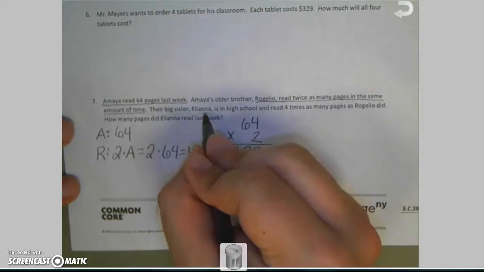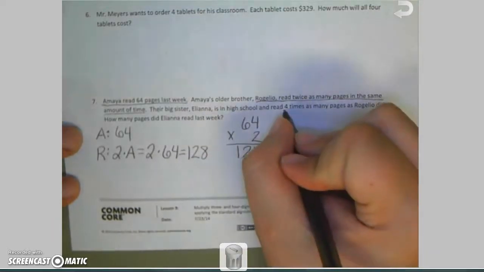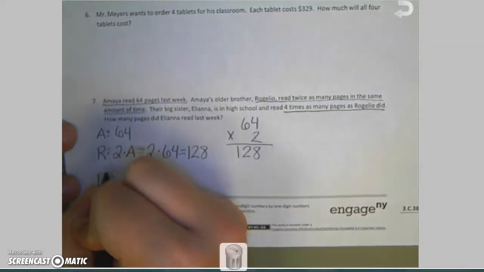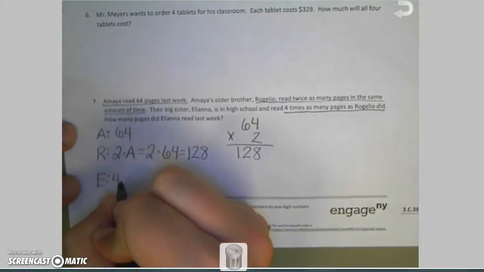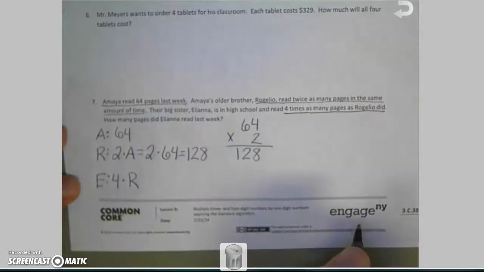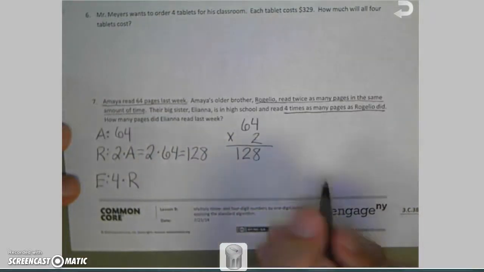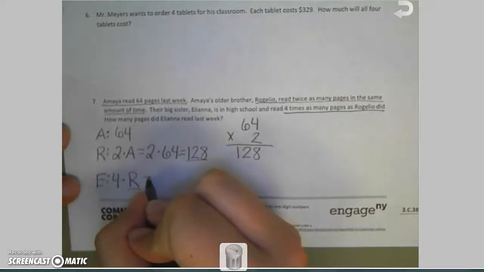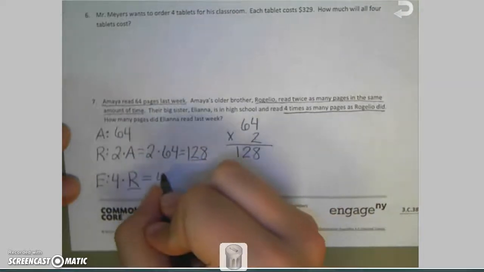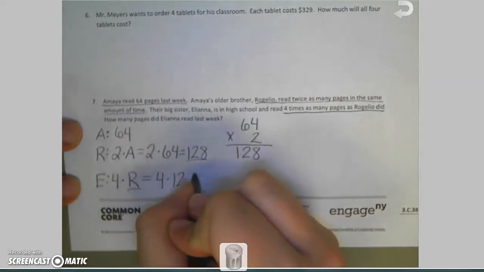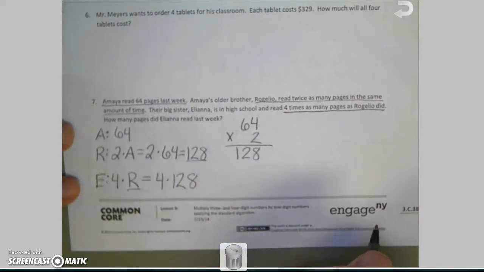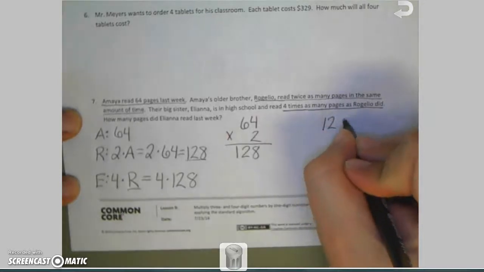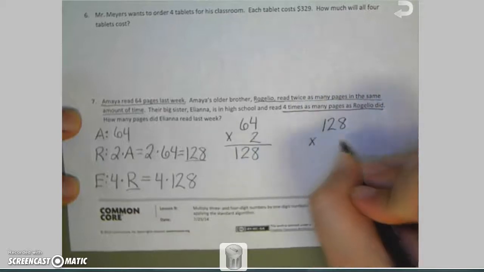And then I know their big sister, Eliana, who is in high school, read 4 times as many pages as Rogelio. So Eliana is 4 times Rogelio's. And we can substitute 128 for R, because that's how much Rogelio read. So we're really doing 4 times 128. So I'm going to go over here, do 128 times 4.